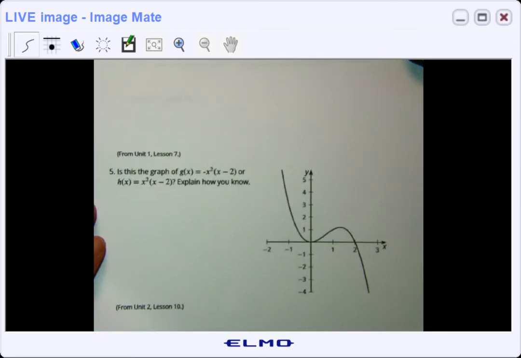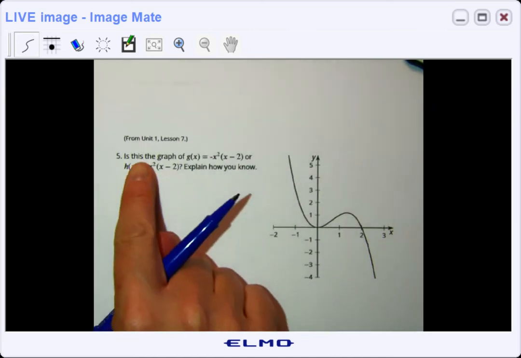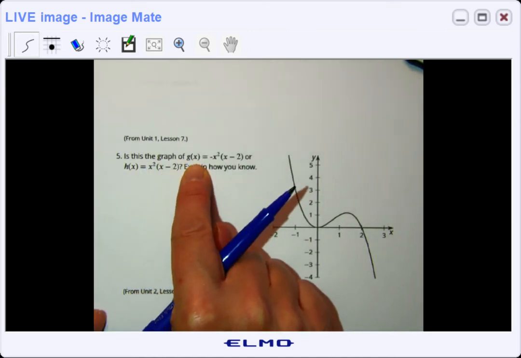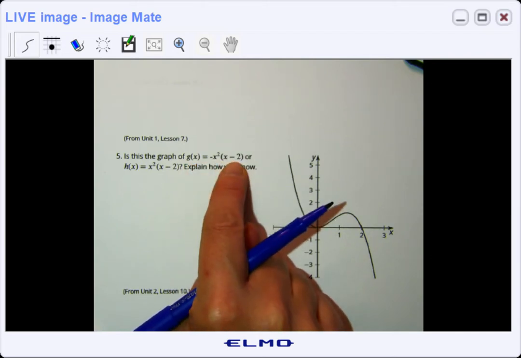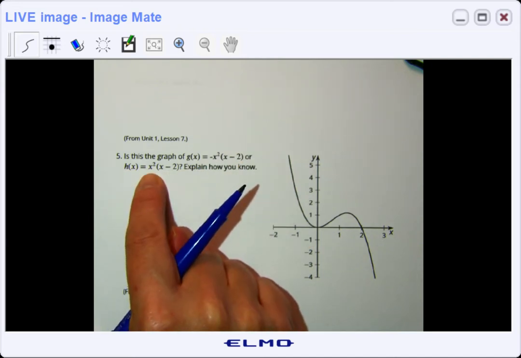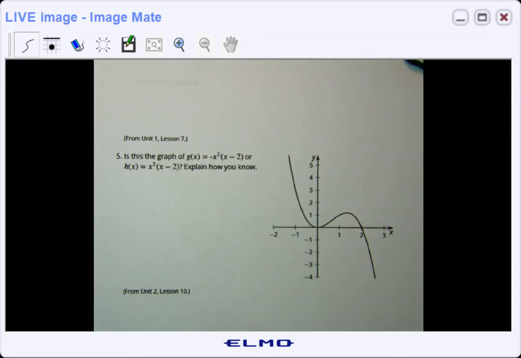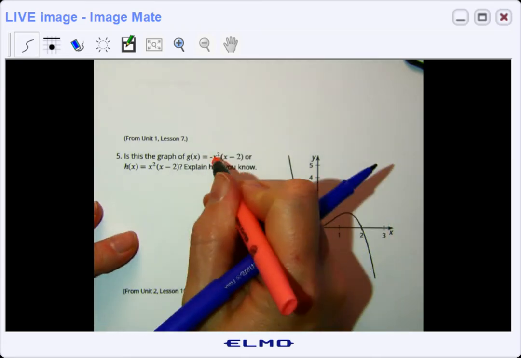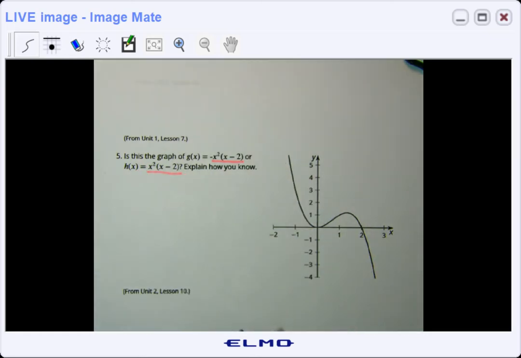Okay, on number 5, the polynomial function. Is this the graph of g of x equals negative x squared times x minus 2, or h of x equals x squared times x minus 2? Okay, so I noticed that part of these functions are exactly the same. The x squared times x minus 2.